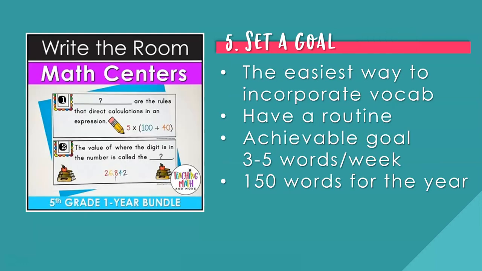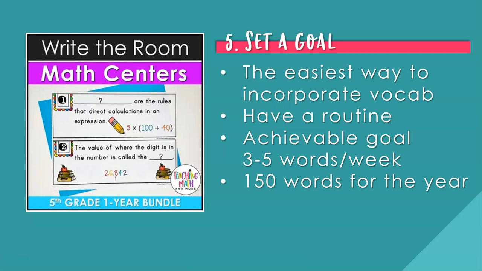Number 5, set a goal. There are many ways you can simplify your math vocabulary. The easiest way to incorporate your math vocabulary is having a routine. Kids love routines and consistency. So incorporating monthly math centers will help you keep your goal. Don't stress about the number of words, just make a goal and create a plan for the year.